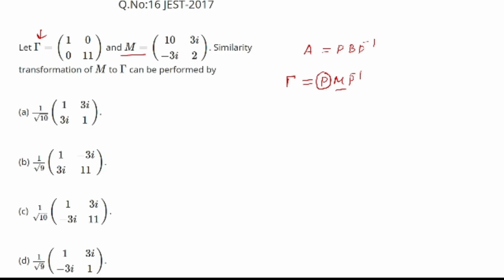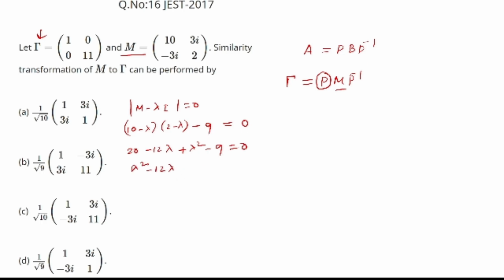So let's find the eigenvalues of matrix M. So (10 minus lambda)(2 minus lambda) minus (3i)(minus 3i), which gives 9, equals 0. So it will be 20 minus 12 lambda plus lambda squared minus 9 equals 0. So lambda squared minus 12 lambda plus 11 equals 0.